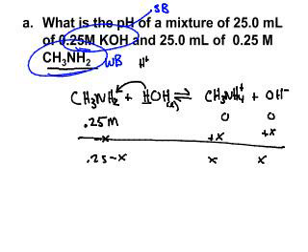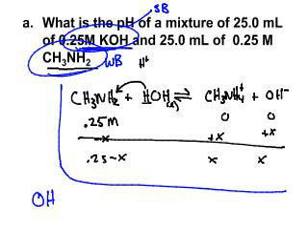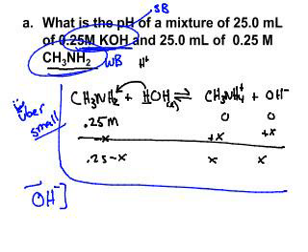So if we have a 0.25 molar solution of potassium hydroxide, the amount of hydroxide from here is negligible. Uber small. The hydroxide concentration would be, it's a little tricky because we are pouring 25 milliliters together.